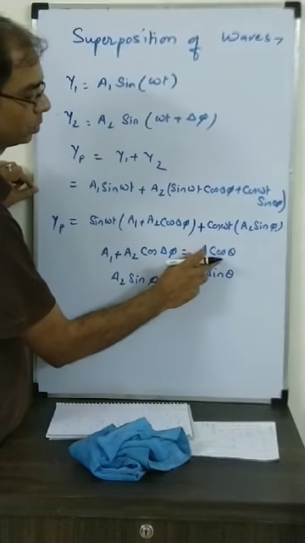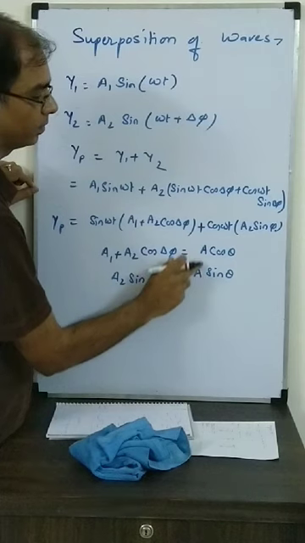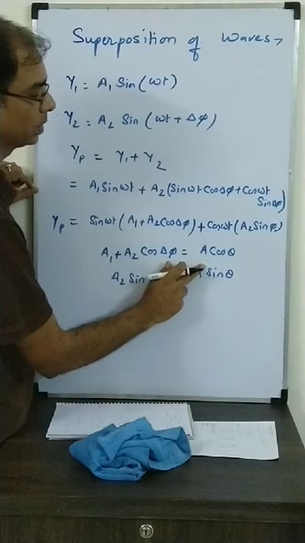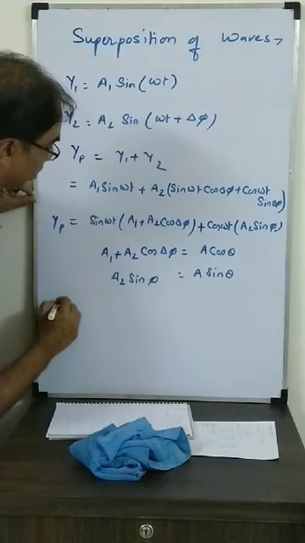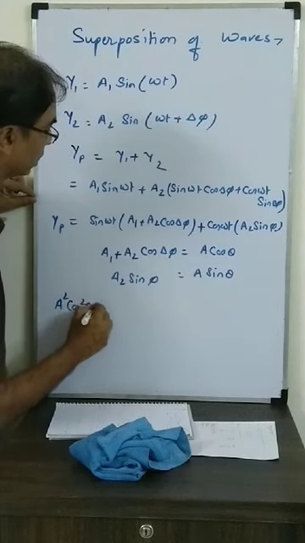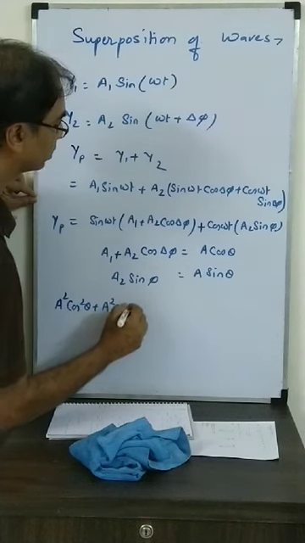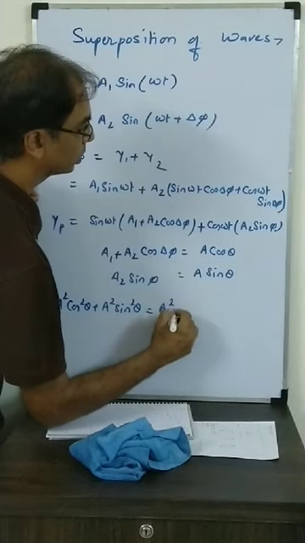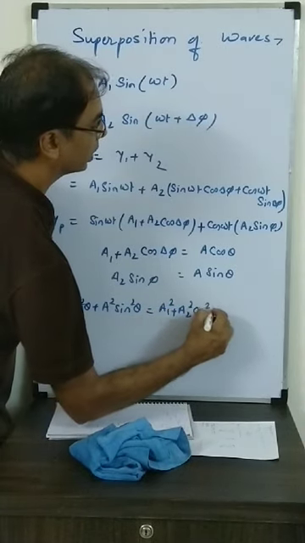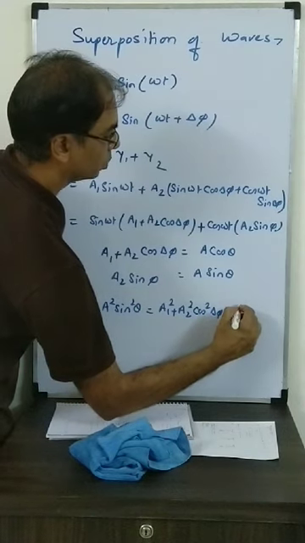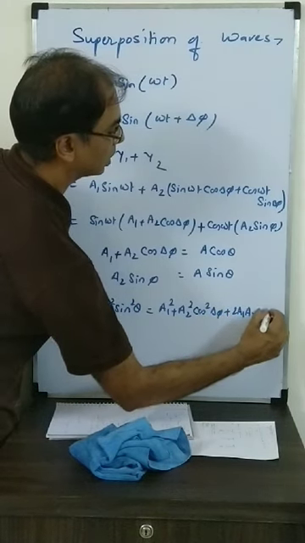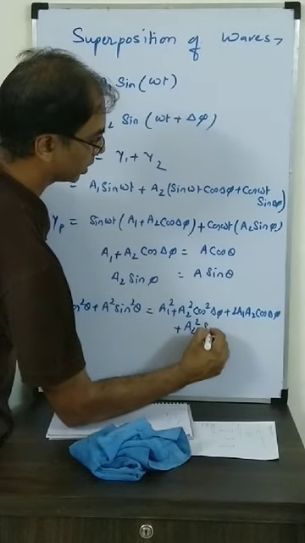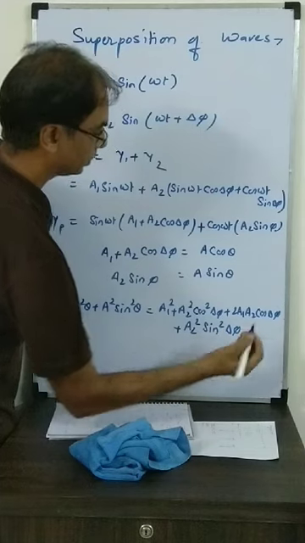Now we are going to square it and find the value of A. So A square cos square theta plus A square sin square theta equals the square of this, so A1 plus A2 cos delta phi whole squared, which gives A1 square plus A2 square cos square delta phi plus 2 A1 A2 cos delta phi, plus the square of this one also, A2 square sin square delta phi.